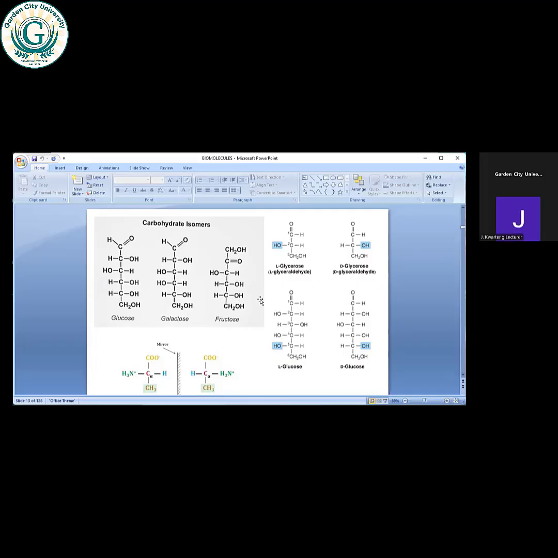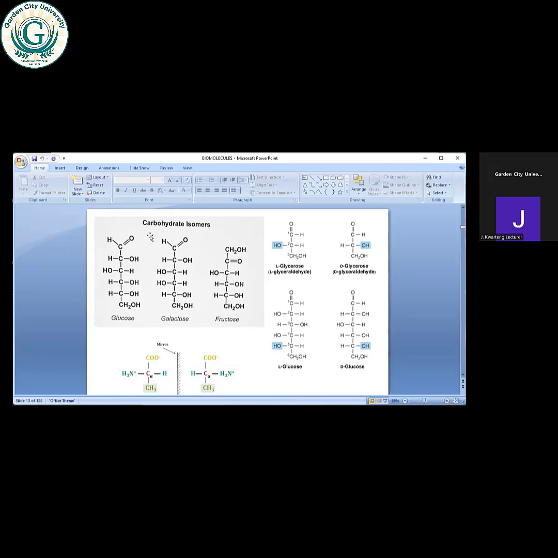I said that if you look at these sets, this is glucose, and this is galactose, and this is fructose. In terms of functional group, you can see that the glucose and the galactose have the same functional group. And these are termed as what? Aldehyde.